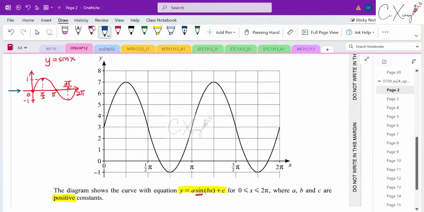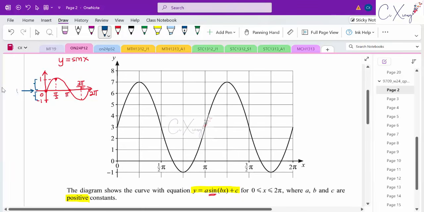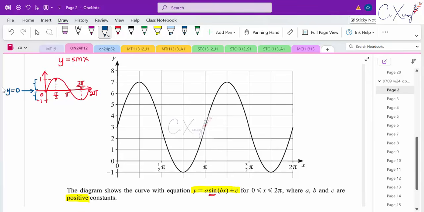That means it separates the positive part of the graph, on top of the x-axis, and the negative part. This center line will be y equals 0 for the original graph. The distance from the center line to the maximum point is 1 unit, and the bottom part is also 1 unit.